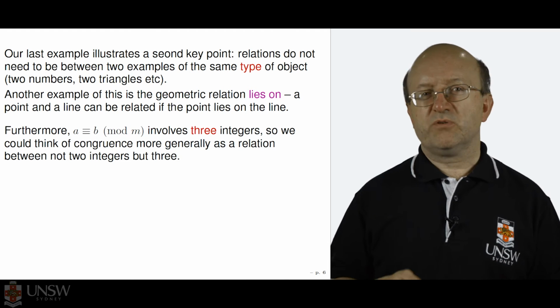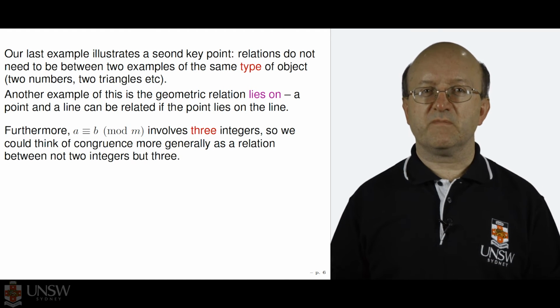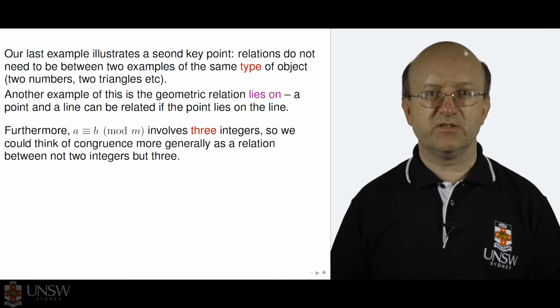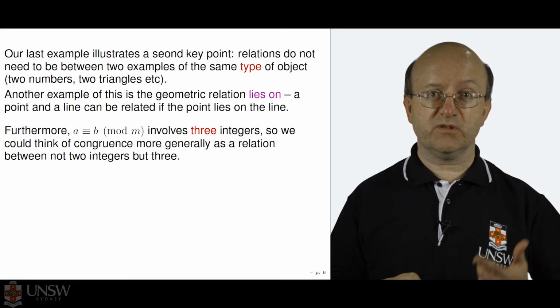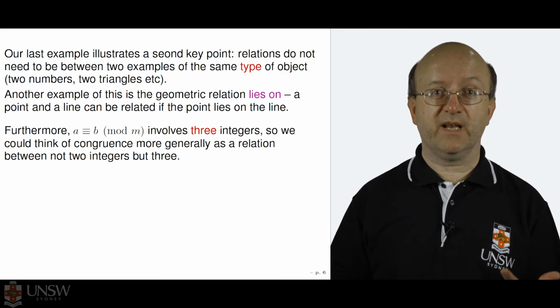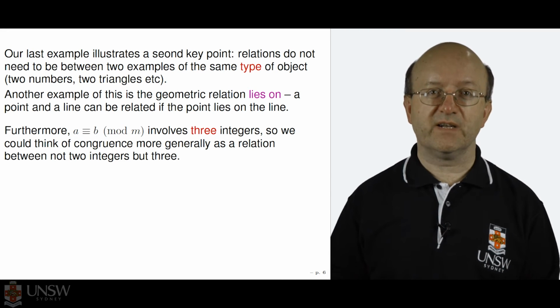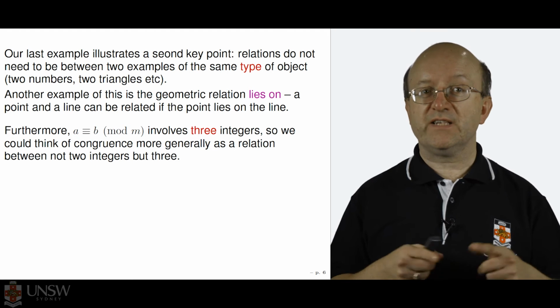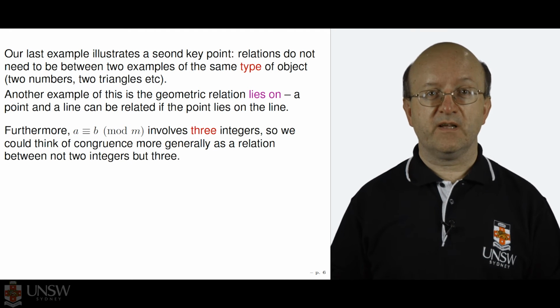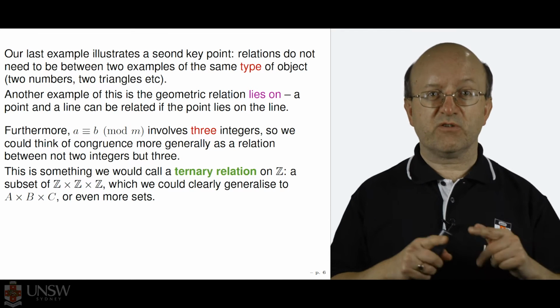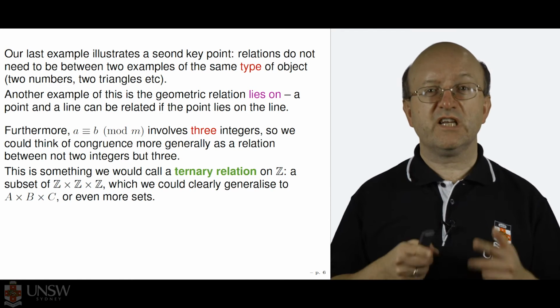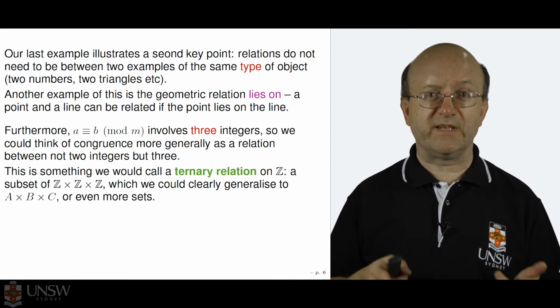Furthermore, when we're talking about A congruent to B mod M, it really involves 3 integers. So we could think of congruence more generally not as a relationship between 2 integers, A and B, given M, which are related if they're congruent mod M, but as a relationship between 3 integers. So really, congruence is a subset of Z cross Z cross Z. It's what we refer to as a ternary relation because it involves 3 sets.